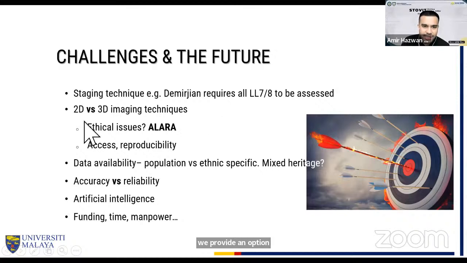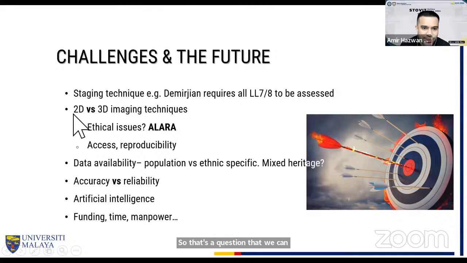Also, as I mentioned earlier, 2D and 3D imaging techniques. With regard to ethical issues, CBCT is obviously more radiographic exposure for the patient. So whether it's ethical or not to expose the patient to so much radiation when you have 2D techniques, that's a question that we can ask and debate.